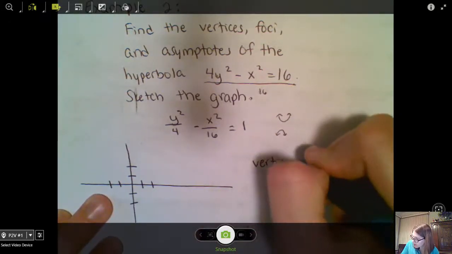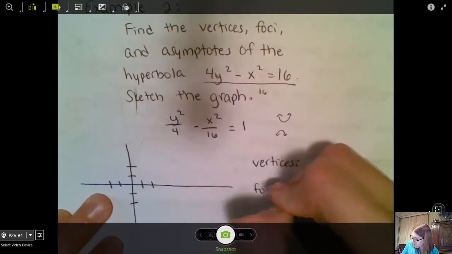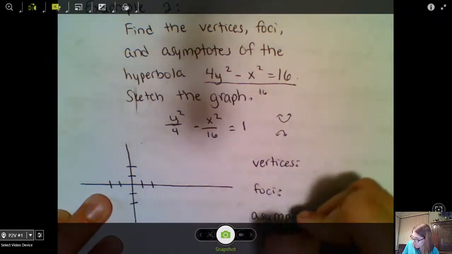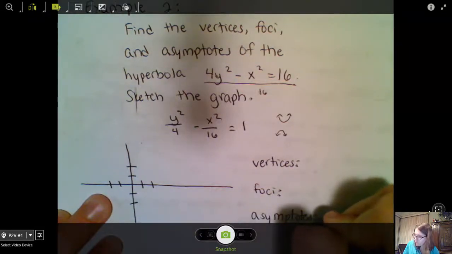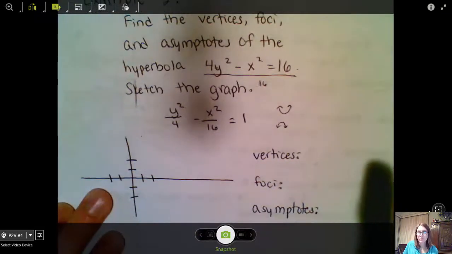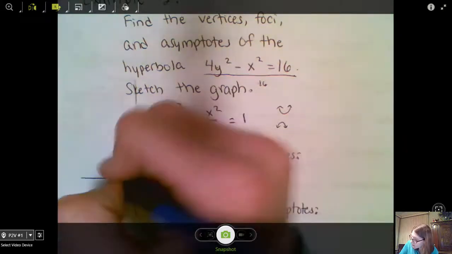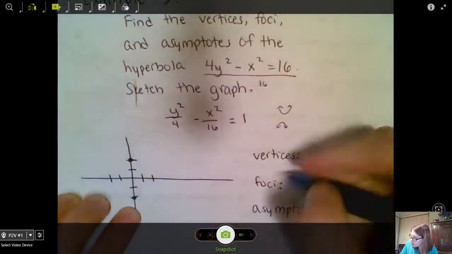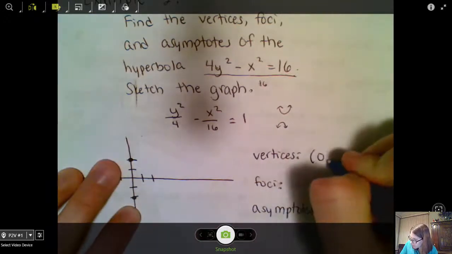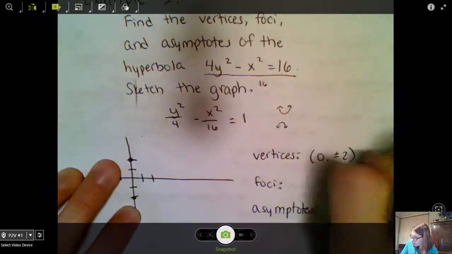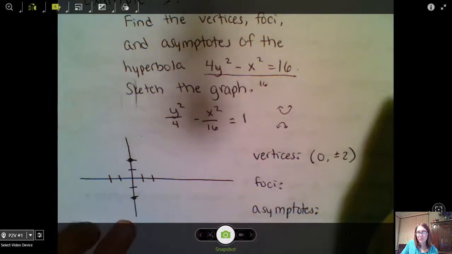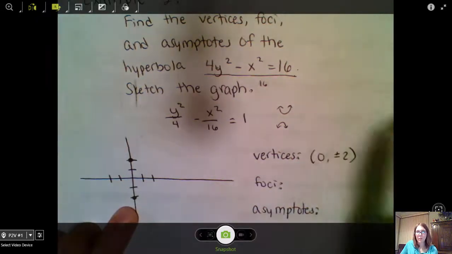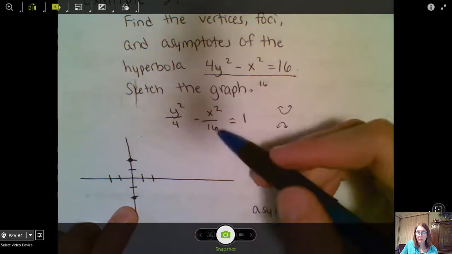So I need to find my vertices, the foci, and the asymptotes. Again, our vertices are at 2 and negative 2. Our foci, we don't know exactly where those are. Foci don't come straight from the equation.